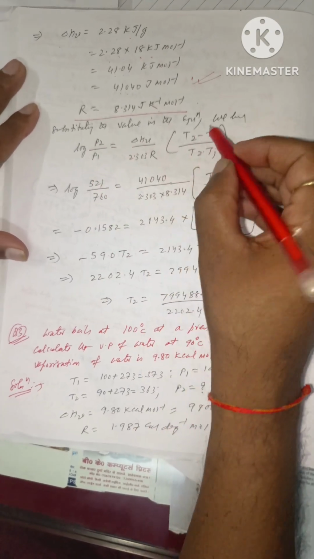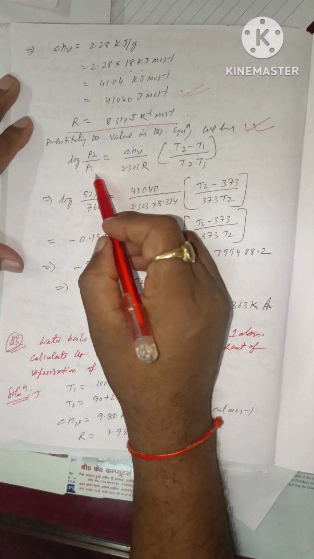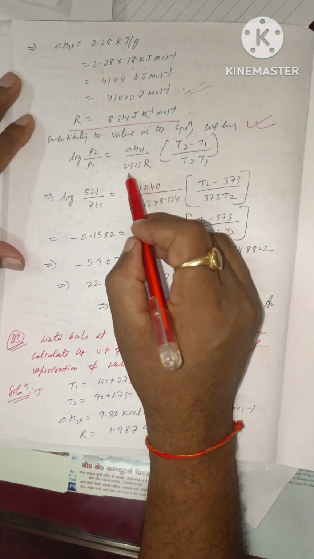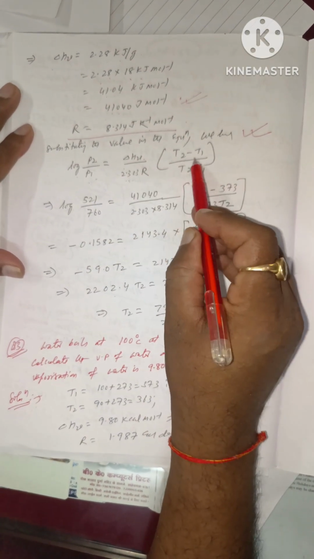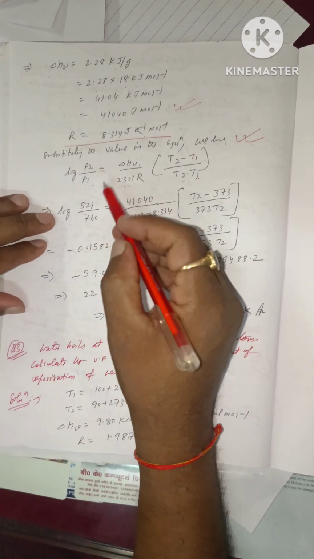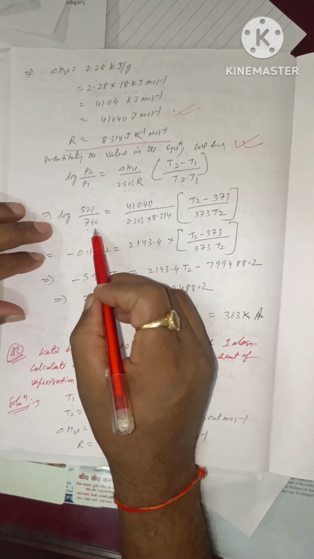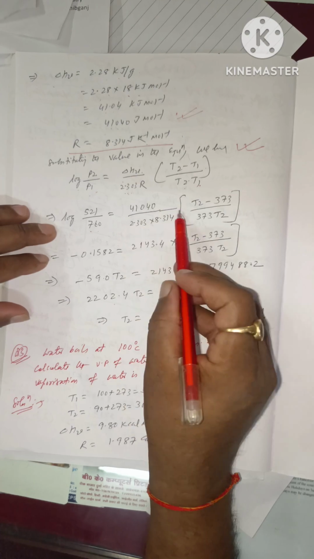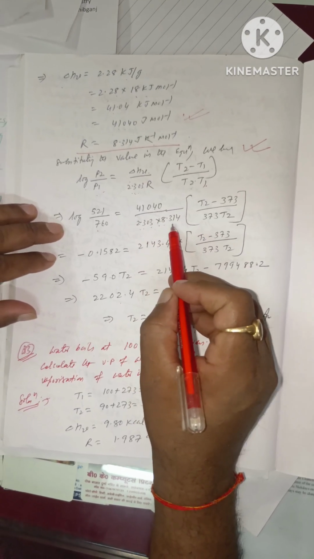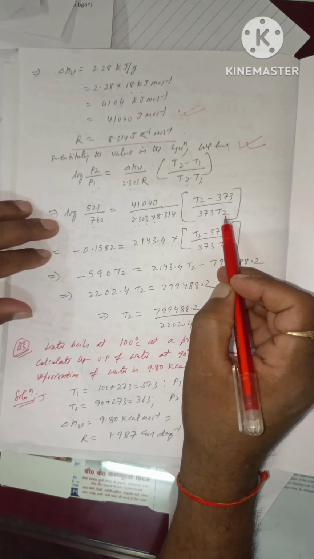Putting the values in the Clausius-Clapeyron equation, log P2 upon P1 is equal to delta H upon 2.303 R, within bracket T2 minus T1 divided by T2 into T1. That is, log 528 by 760 is equal to 41040 upon 2.303 into 8.314, within big bracket T2 minus 373 upon 373 into T2.